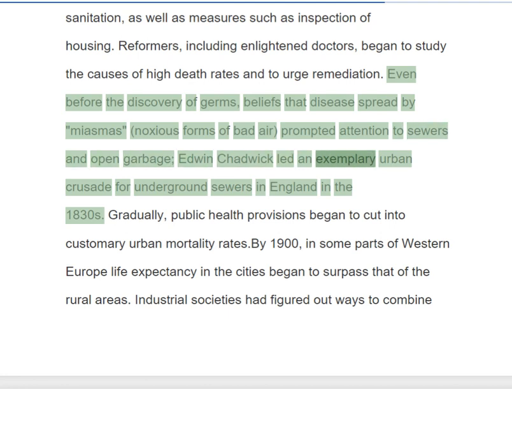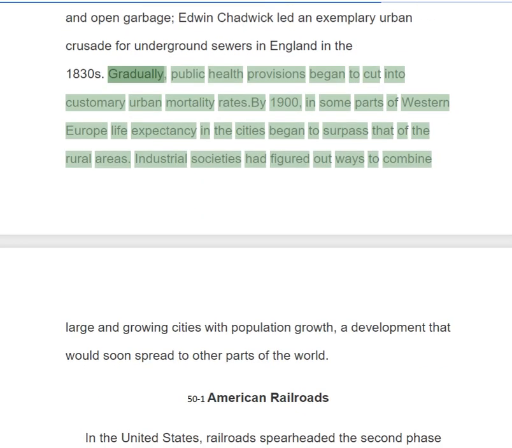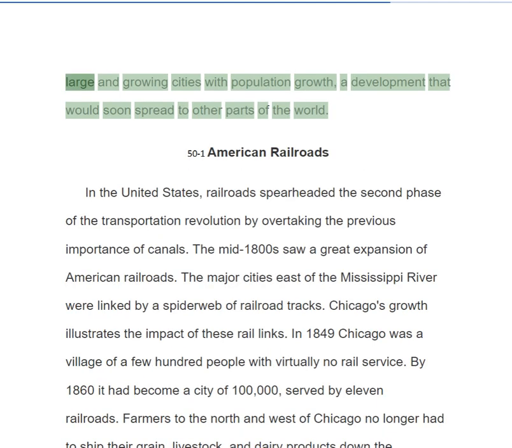Edwin Chadwick led an exemplary urban crusade for underground sewers in England in the 1830s. Gradually, public health provisions began to cut into customary urban mortality rates. By 1900, in some parts of Western Europe, life expectancy in the cities began to surpass that of the rural areas. Industrial societies had figured out ways to combine large and growing cities with population growth, a development that would soon spread to other parts of the world.